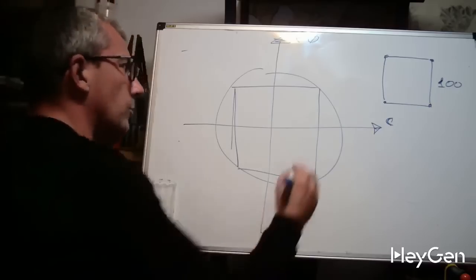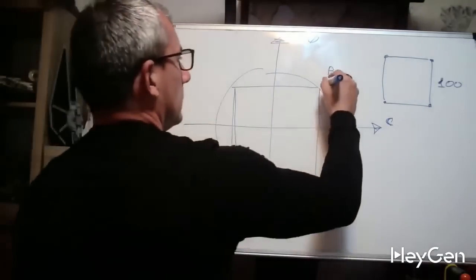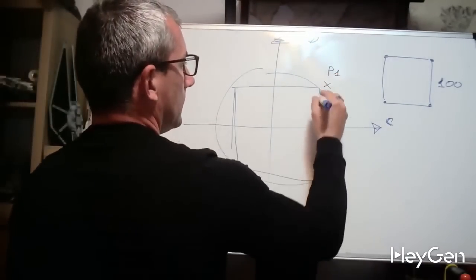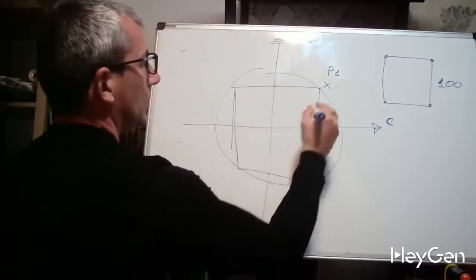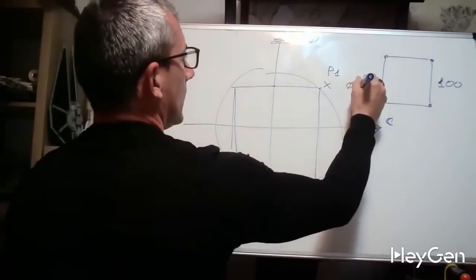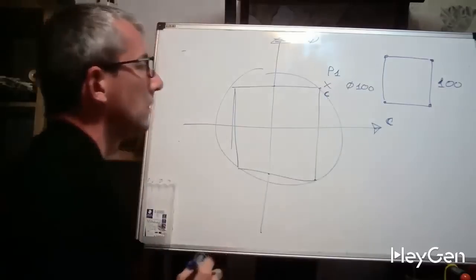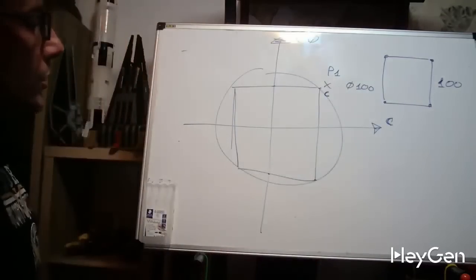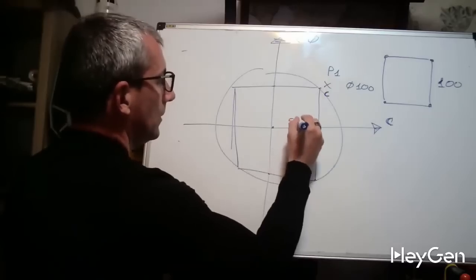So when we go to point 1, as you can see, X will be equal to the diameter that we will read on the X-axis. So X will be a diameter of 100, while C is not a diameter. C is a measurement of 50.